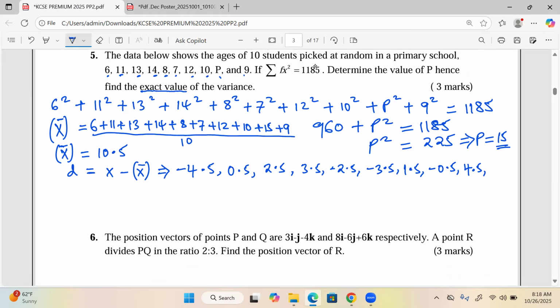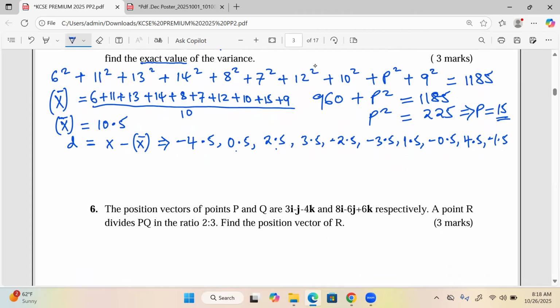And finally, 9 minus 10.5, giving me negative 1.5. We have all the deviations from the mean: 1, 2, 3, 4, 5, 6, 7, 8, 9, 10. Ten values.